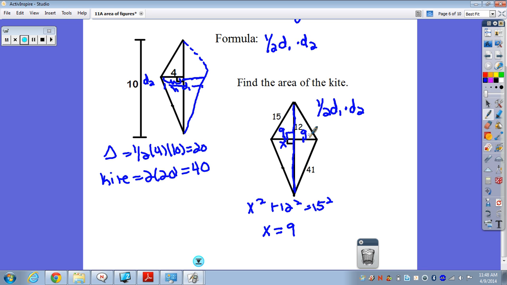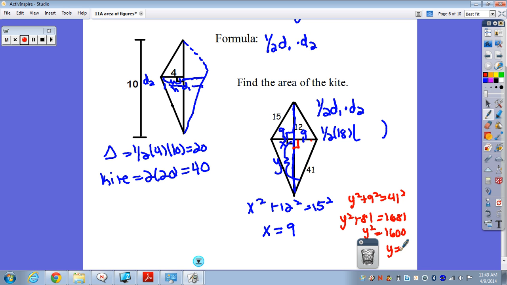So now I have one of the diagonals, which is 18, but I'm still missing this piece here, which I'm going to call y for now. So again, we have a right triangle. This is 9, that's y, this is 41. So to find that, I would do a squared plus b squared equals c squared. And then if you solve that, you should get y to be 40.